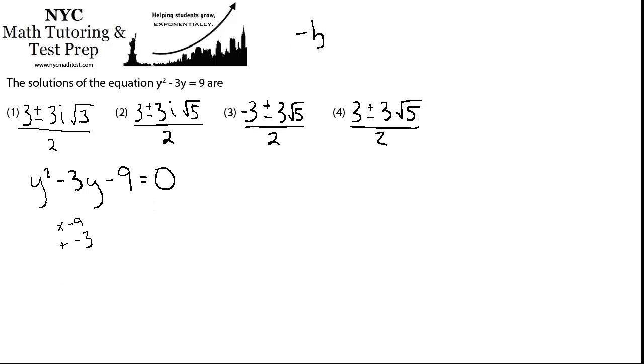Negative b plus or minus the square root of b squared minus 4ac, all over 2a. And there's a shortcut you can use.